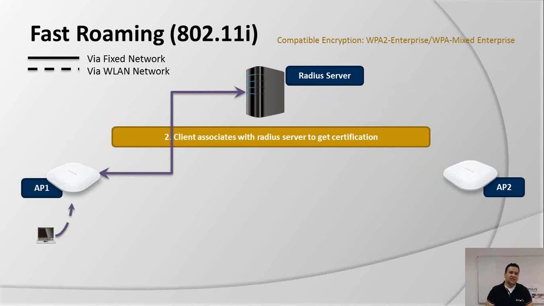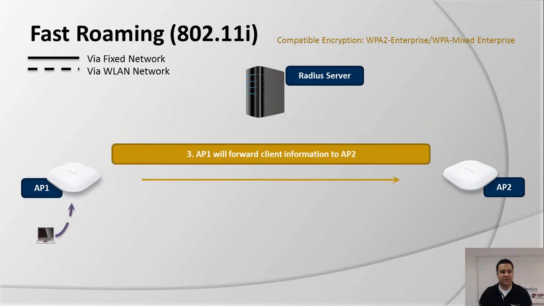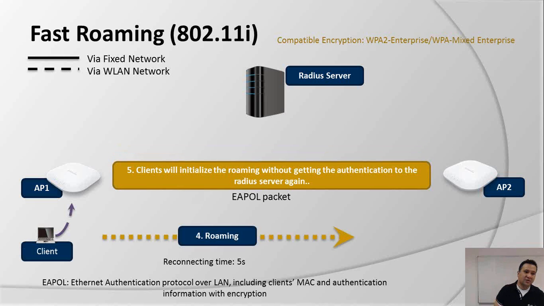Then the second step is that the client associates with the RADIUS server to get certification. The third step is that the access point will forward the client information to the second access point.